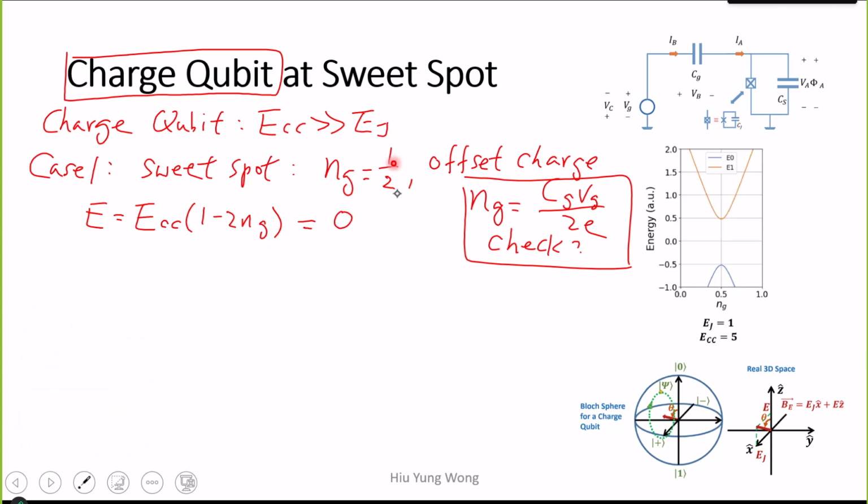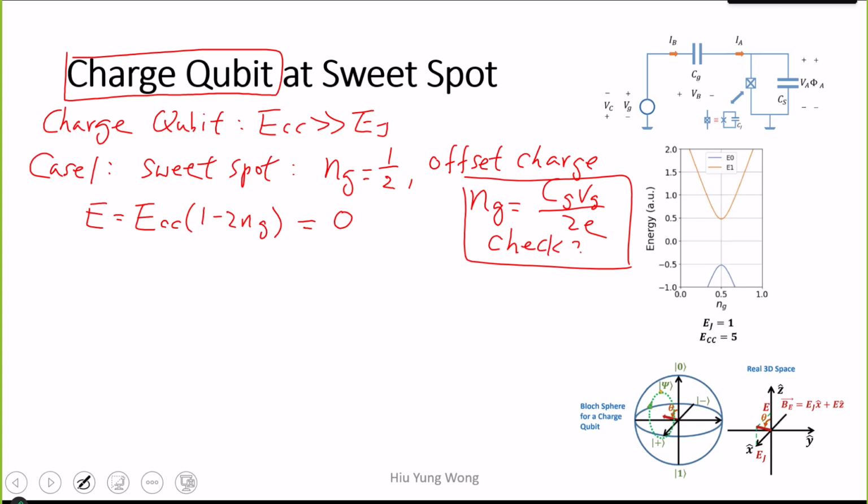Because Ng is equal to 1/2, so 1 minus 2 times 1/2 is 0. So no matter what your charging energy is, E is going to be 0. So this is true, even if ECC is not larger than EJ. But that is okay, because I want to introduce the concept of charge qubit. Right. Is this okay?